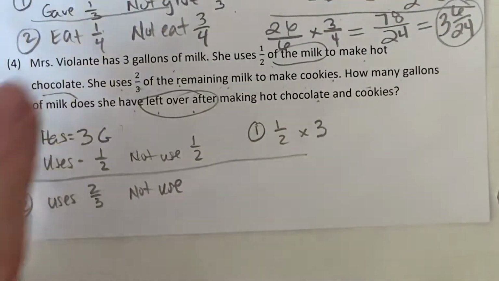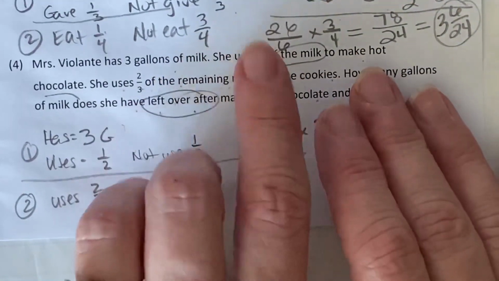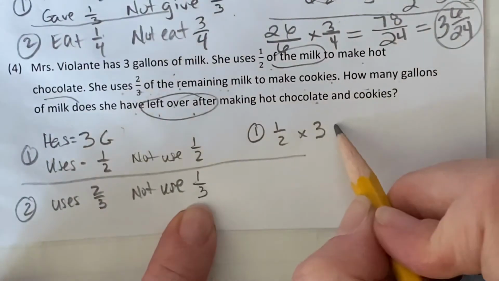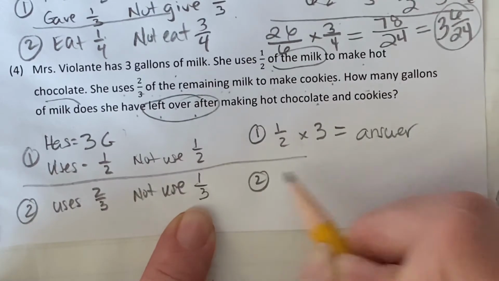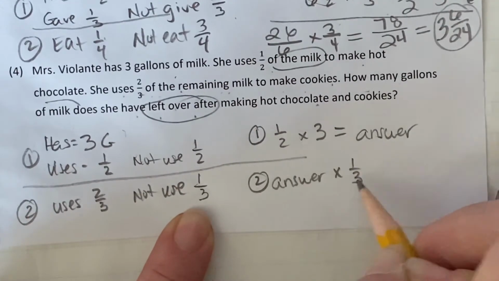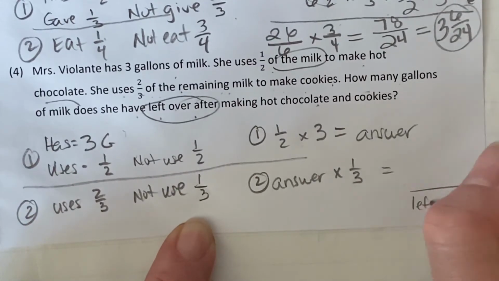If she uses 2/3 out of 3, there's 2 of them, and she uses 2, how many are left over? 1 out of 3. So this would give me my answer, and then I take that answer up there and I multiply it by 1/3. And that should give me my final answer of leftovers, leftover milk.